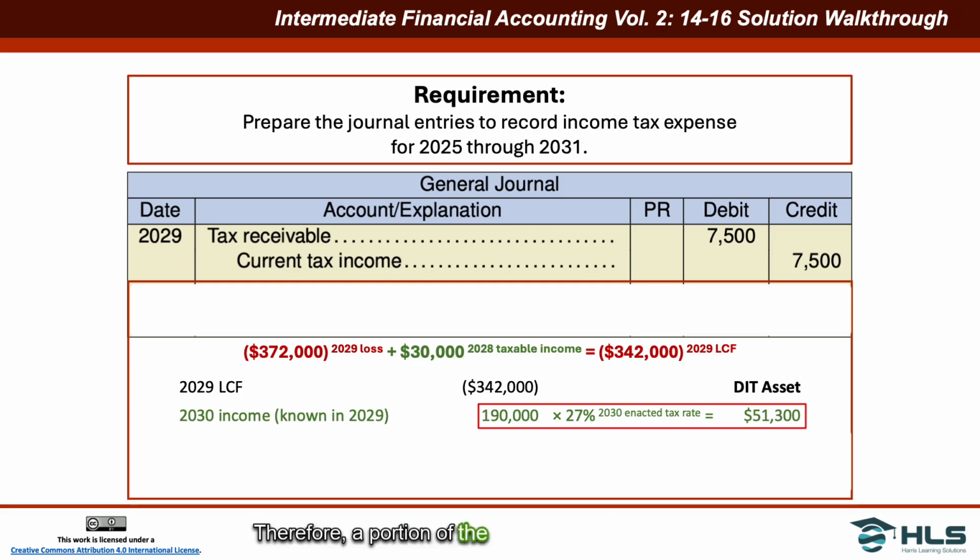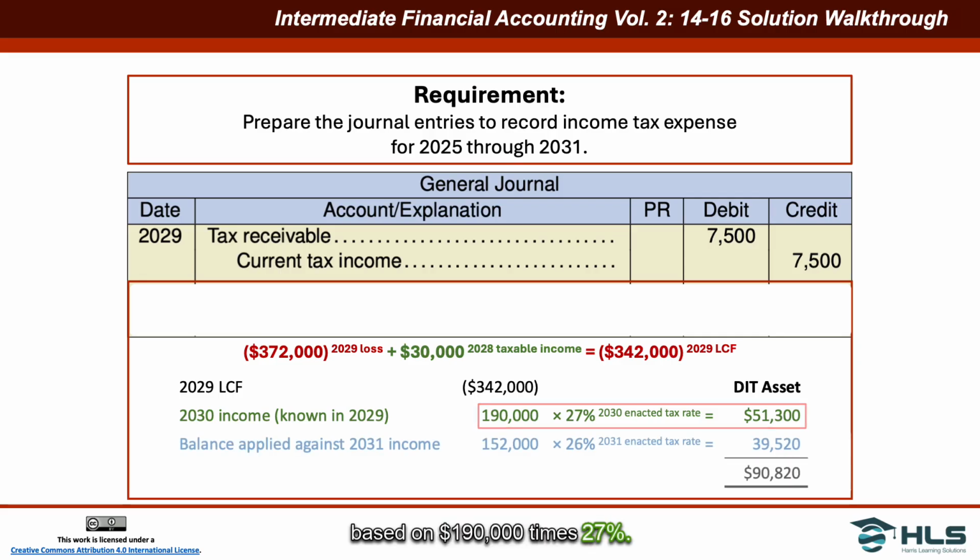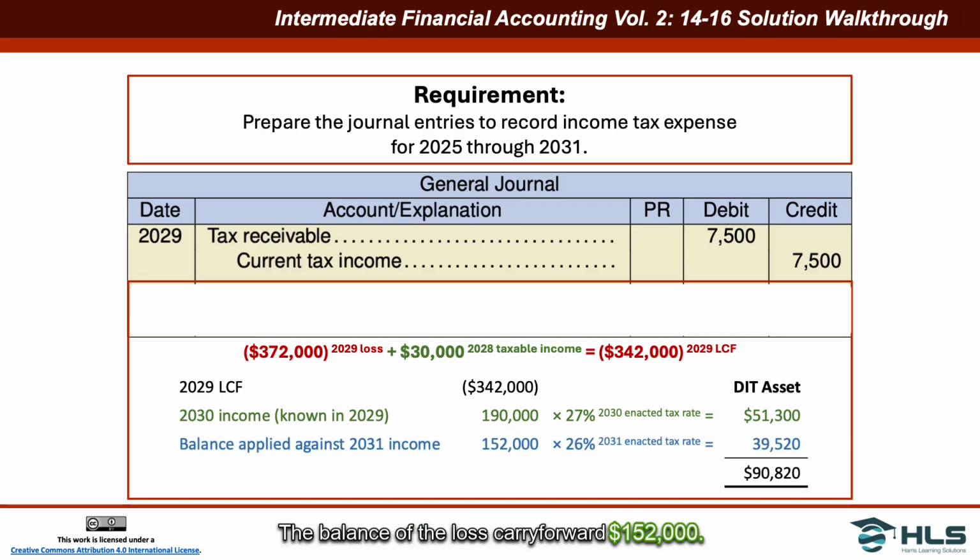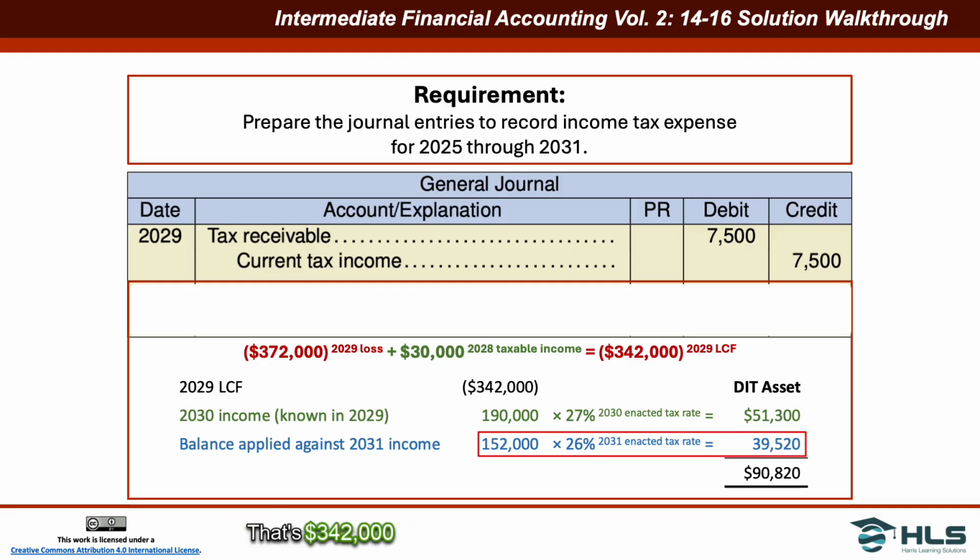Therefore, a portion of the deferred tax asset relating to the loss carryforward will be $51,300, which applies to the year 2030, based on $190,000 times 27%. The balance of the loss carryforward is $152,000. That's $342,000 minus $190,000 to be applied against the 2030 income.